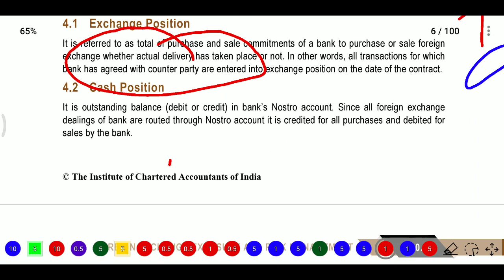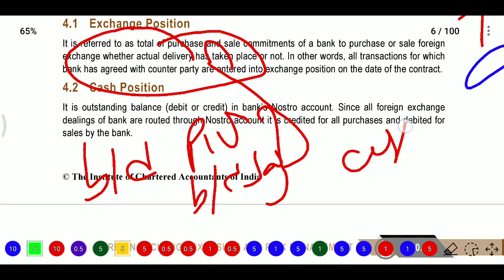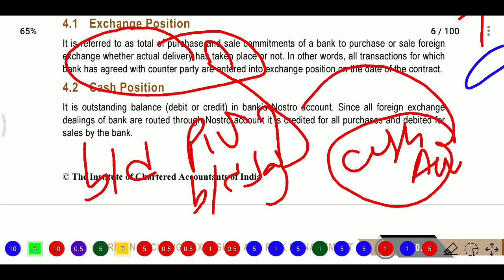Sometimes they will give in a question bought forward purchase or bought forward sales; it will go with the exchange position. Sometimes they will give the cash amount, so carry forward cash amount we will write in the Nostro account.